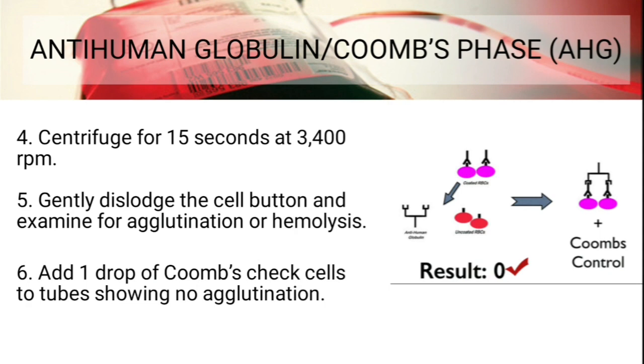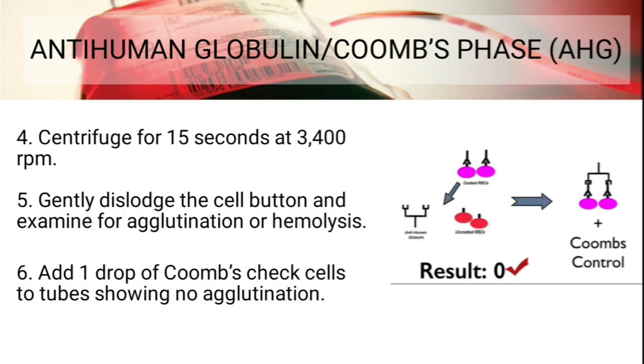Gently dislodge the cell button and examine for agglutination or hemolysis. If there are tubes that have no agglutination, then you can add 1 drop of Coombs check cells to tubes showing no agglutination.